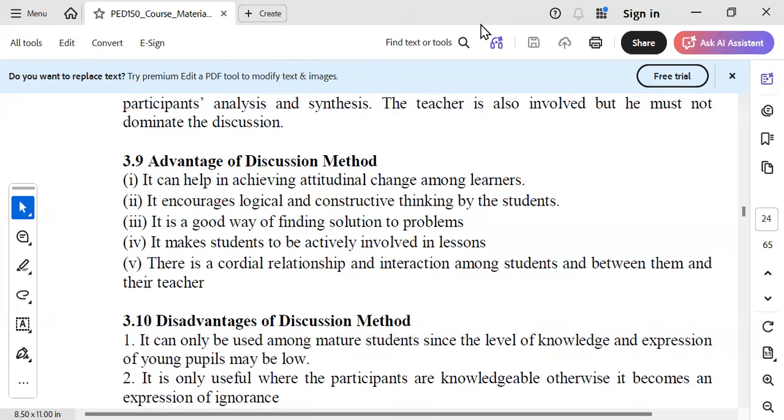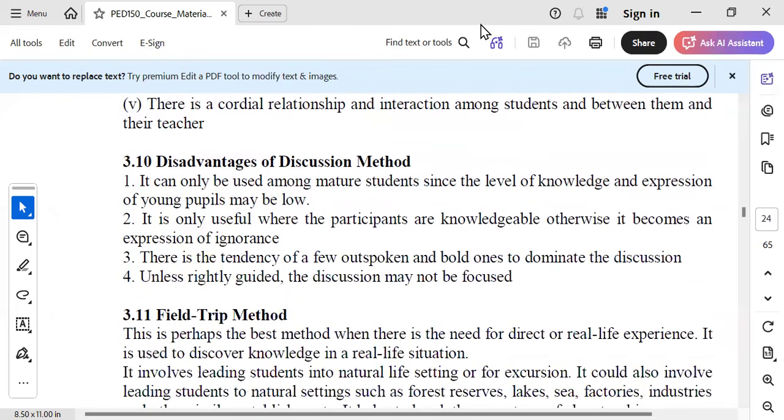When you are looking for the solution to a particular problem in terms of a research gap or a concept, you will learn more about that thing if you decide to teach the concept via discussion method.